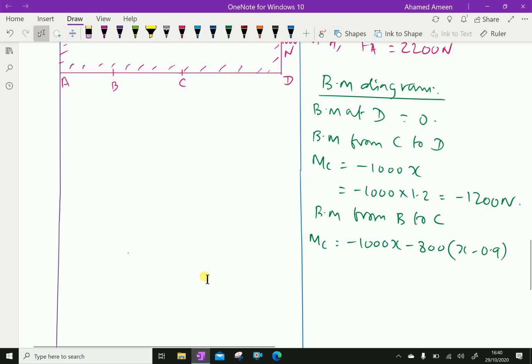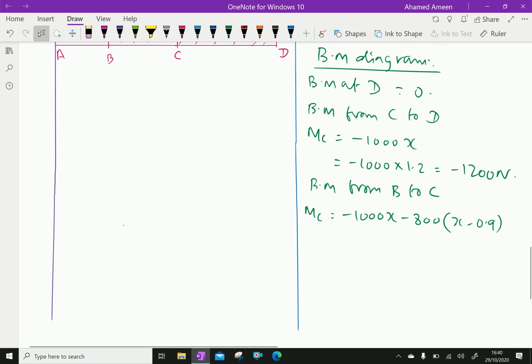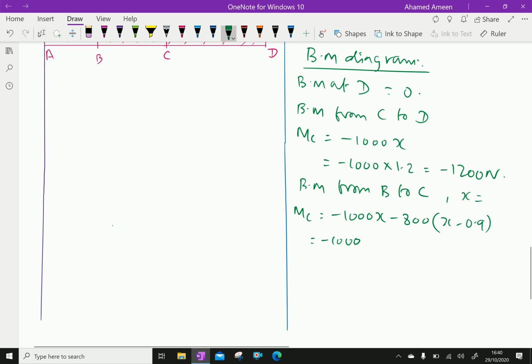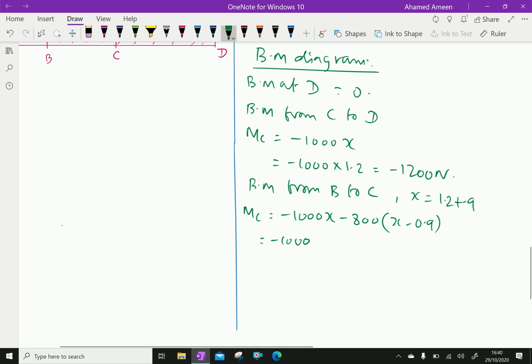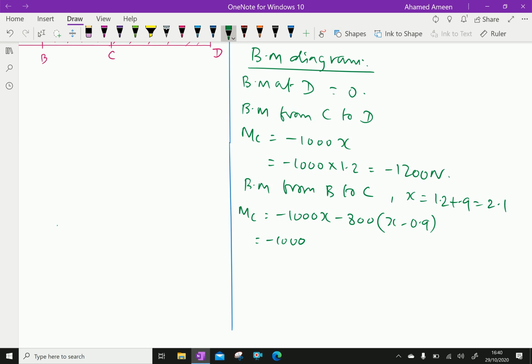Here x is 2.1, because the addition is x equal to 1.2 plus 0.9, which is equal to 2.1.